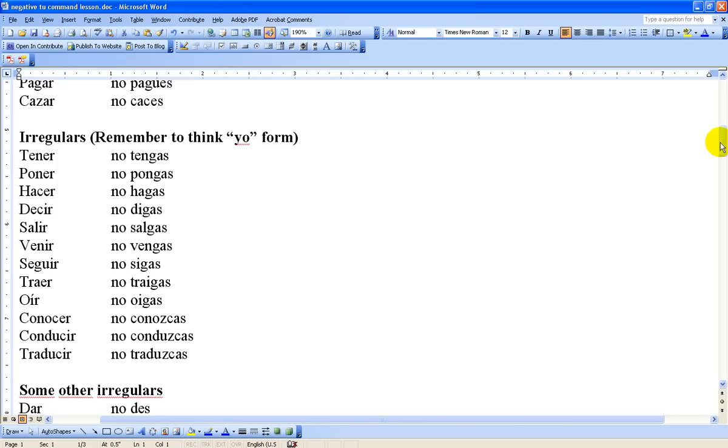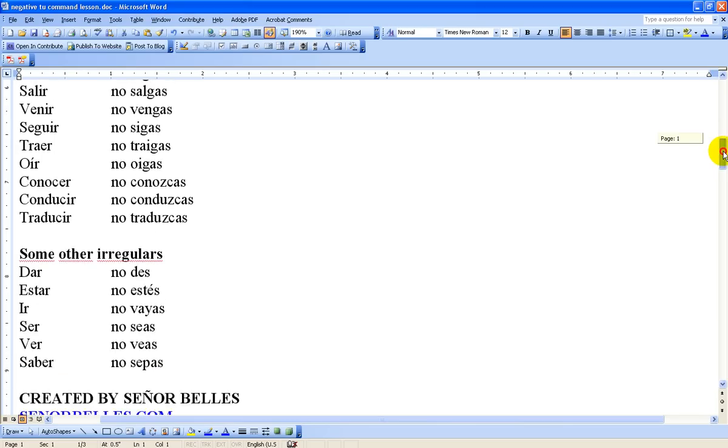I'm going to drop that O off, and that's how I'm going to form my negative tú command. So the commands read no tengas, no pongas, no hagas, no digas, no salgas, no vengas, no sigas, no traigas, no oigas, no conozcas, no conduzcas, no traduzcas. For all of those, they have an irregular yo form. I dropped the O, and I added an AS to the end of it to form the negative tú command.